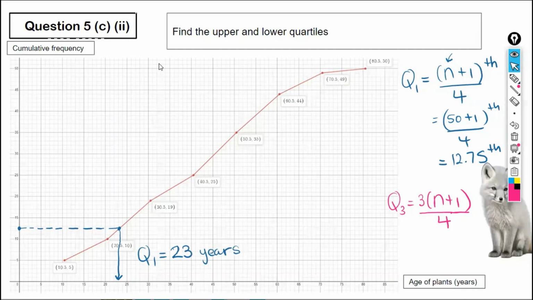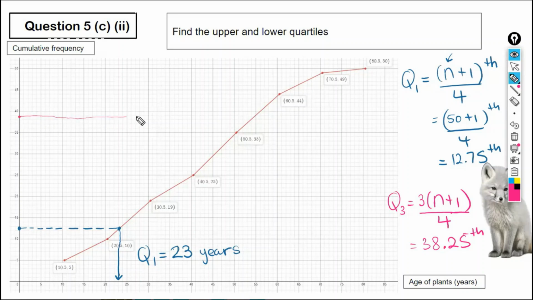So 51 multiplied by 3 divided by 4. I am getting 38.25. But that's not the answer. We're using that to get the answer. 38.25 is somewhere around here.